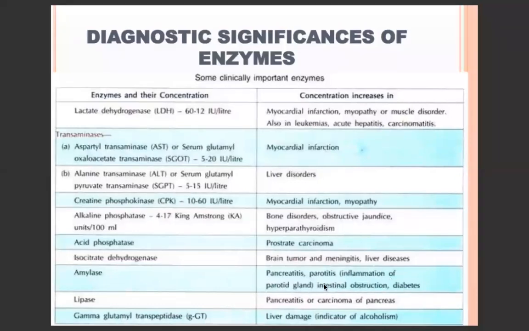Lipase is also increased in pancreatitis or carcinoma of the pancreas. Gamma glutamyl transpeptidase is increased due to liver damage, and it is an indicator of alcoholism. Those people who drink more and more, their GGT level will be increased. So remember this one.